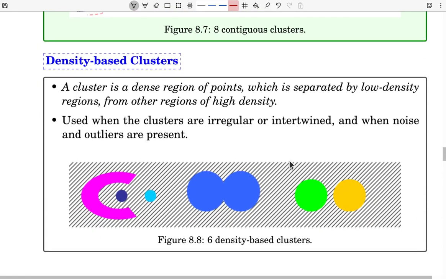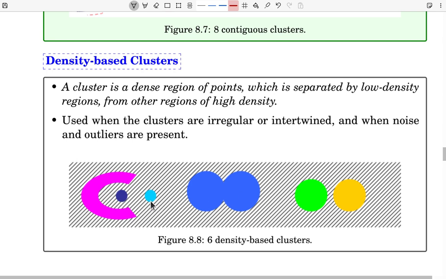Now these are density-based clusters. Here, a cluster by definition is a dense region of points which is separated by low density regions from other regions of high density. And maybe the background is a low density region, and then these are high density regions.